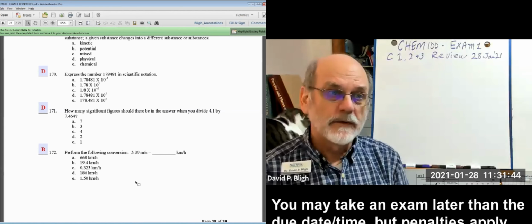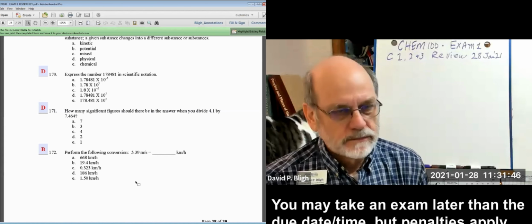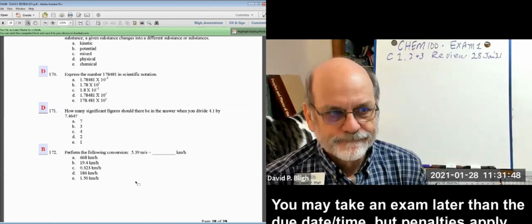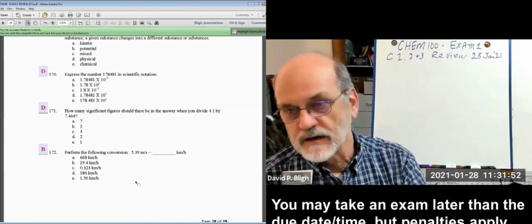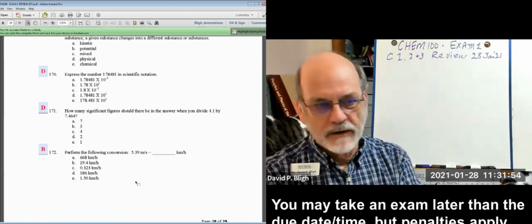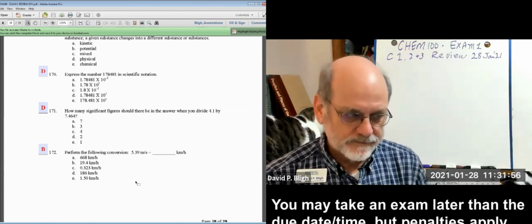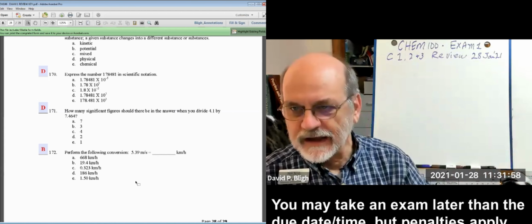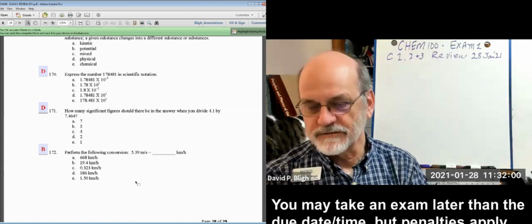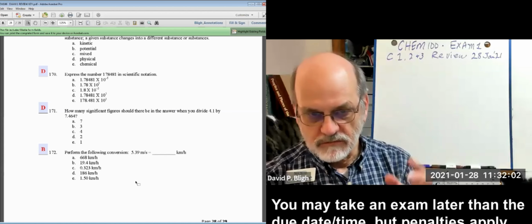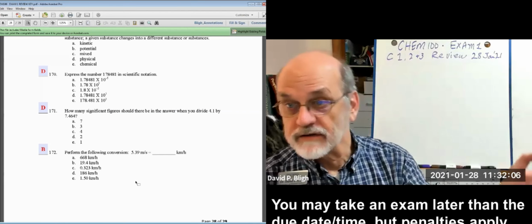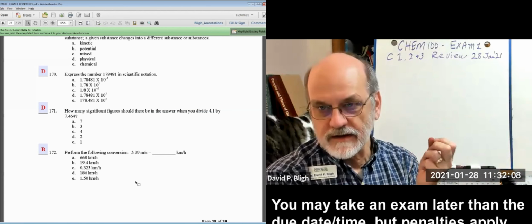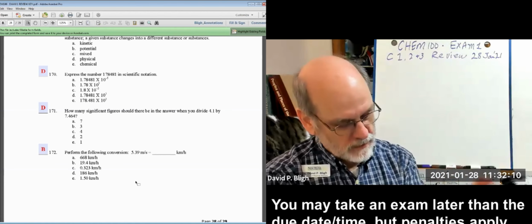Actually, I could administer the exam in Blackboard even if we were face-to-face. That would give us more class time. But historically, I've always done it face-to-face so that you can work the exam on paper, hand it to me, and I can grade it before you leave class. You'll have the grade before you go home.